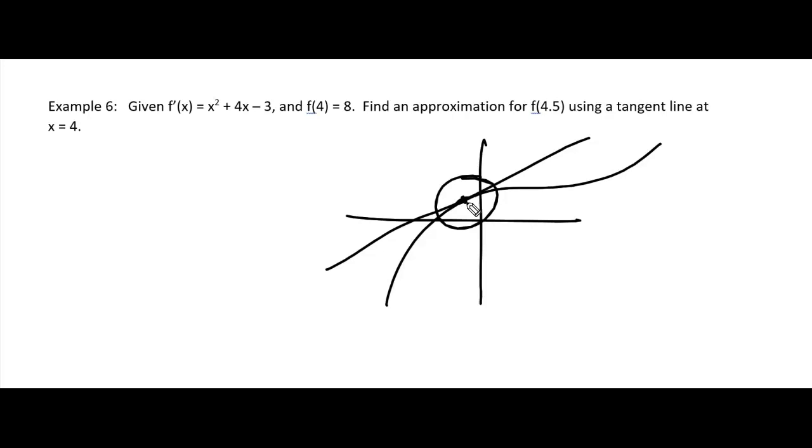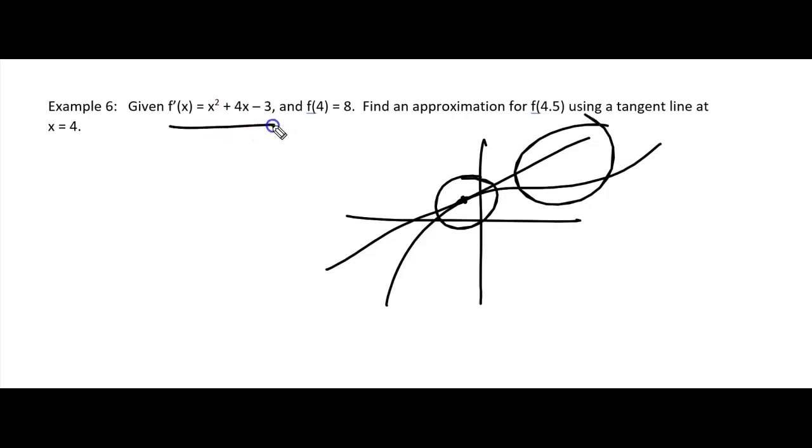And when you actually get to that point, they're exactly the same. But the further away you get, as you can see, the tangent line is no longer anything like the actual curve. So the closer you are, the better. The farther away you are, the less accurate it is. I think I might have said that backwards, but hopefully you guys got the idea. So that's what I mean by a tangent line approximation.